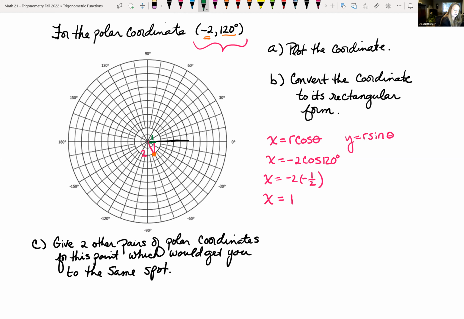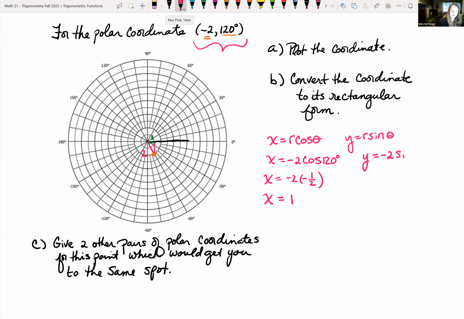So let's look at the y value of our point. Plugging it in, we have y is equal to r, -2, sine of 120 degrees. So y is equal to -2 sine of 120 degrees. Sine is positive in the second quadrant. Our reference angle is 60 degrees, and sine of 60 degrees is √3/2. So in here, the 2's cancel and we get that our y value is -√3.